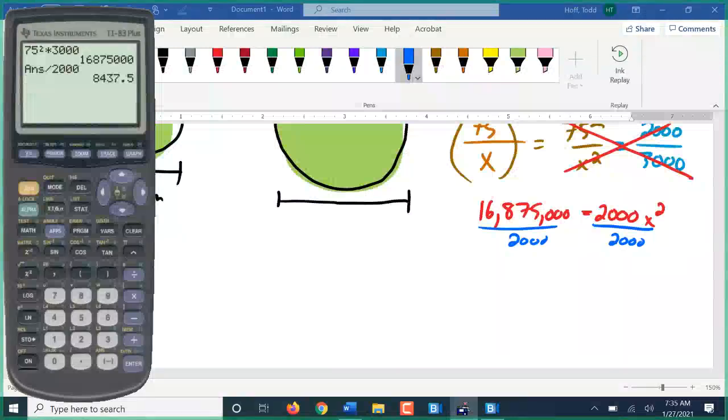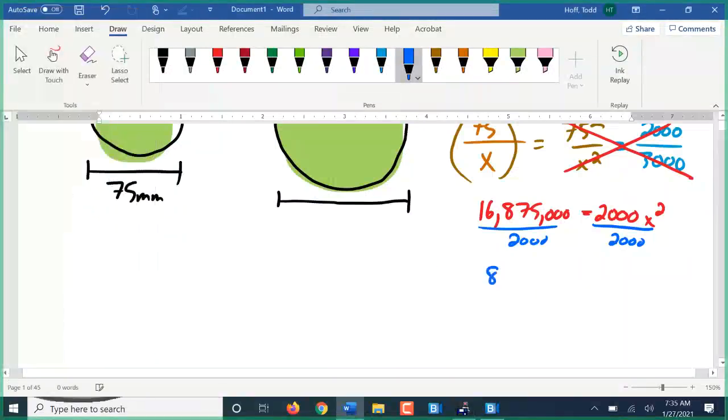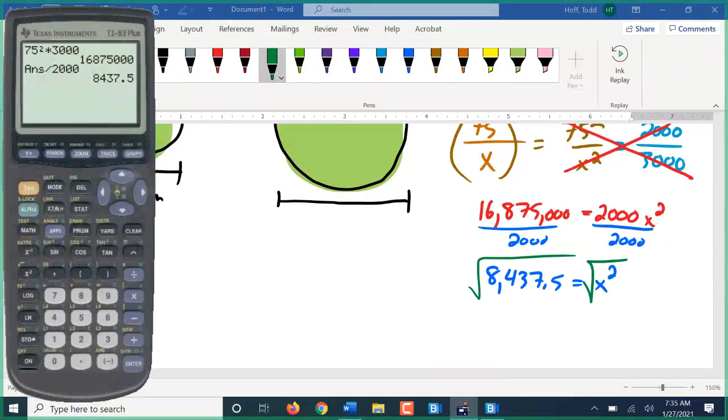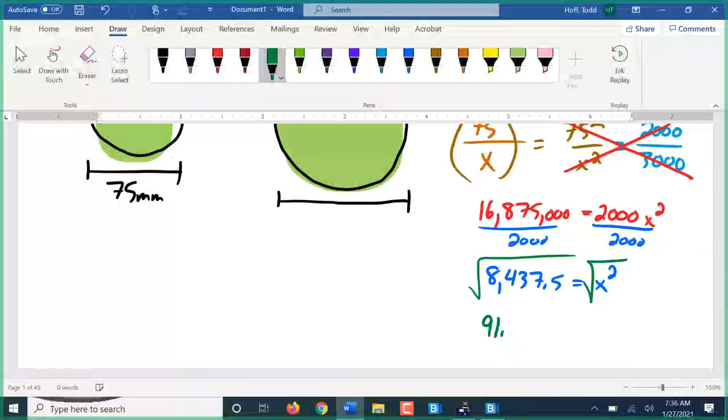Give us 8,437.5. X squared. Now, how do we get to x by itself here? Square root, exactly. Square root of that previous answer. 91.855, 91.86 we're going to call it. Millimeters.